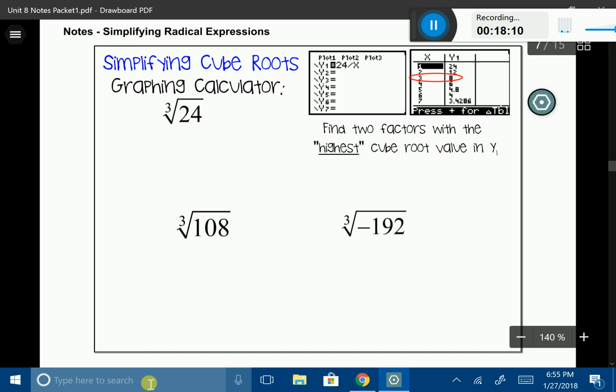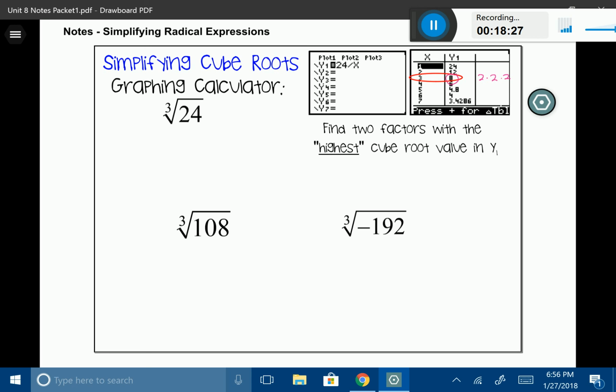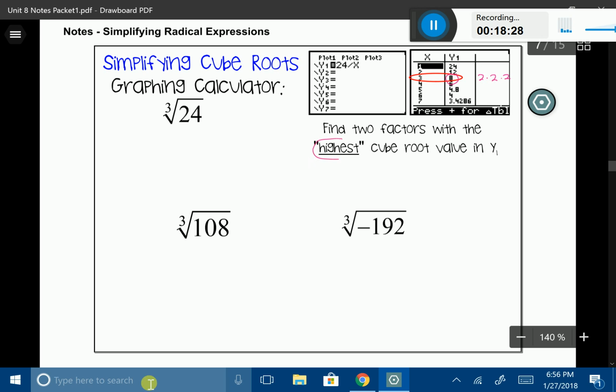For example, the one that I've circled here, 8 is a perfect cube because 2 times 2 times 2 will give me 8. So I'm looking for numbers like 8 or 27, numbers that represent a perfect cube. And again, you're trying to find the highest perfect cube if possible. It's okay if you don't, but it's always helpful if you do.